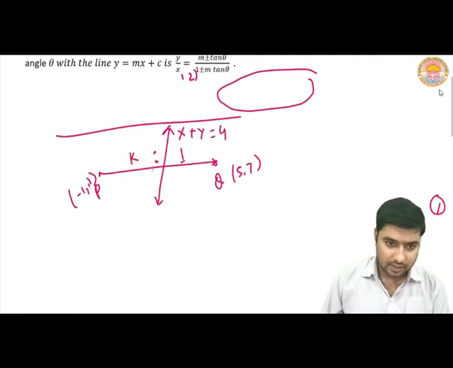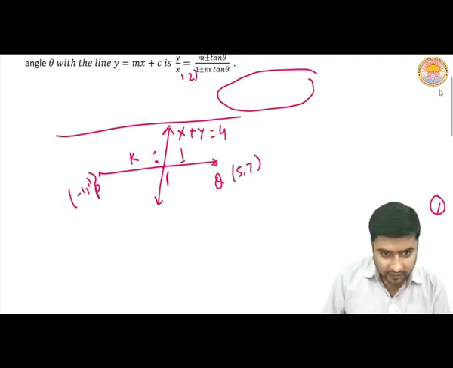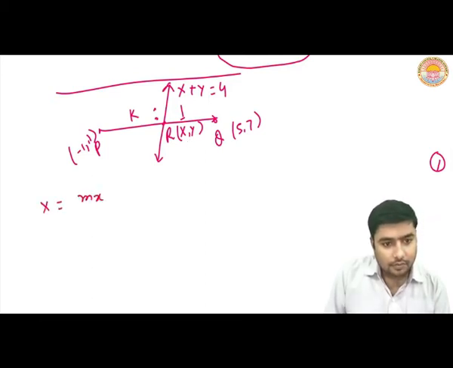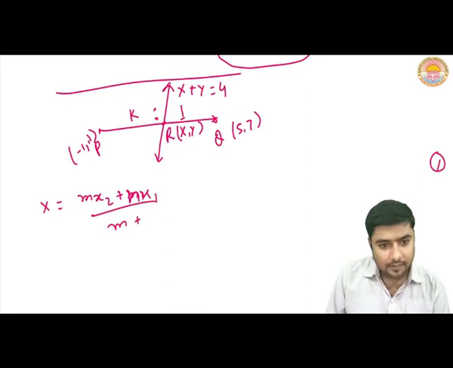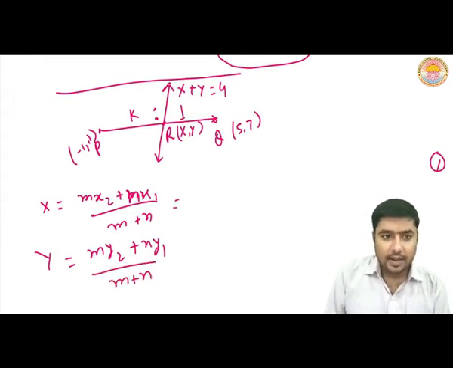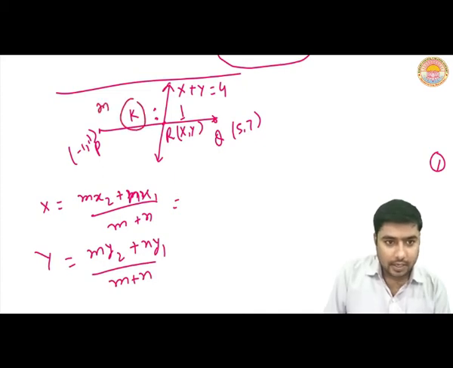Now we want to find the value of R, the coordinate of R, which is capital X, capital Y. We use the section formula: X equals to (m x2 plus n x1) upon (m plus n), and Y equals to (m y2 plus n y1) upon (m plus n). So m means k and n means 1.